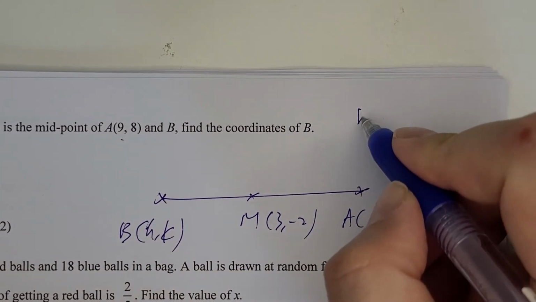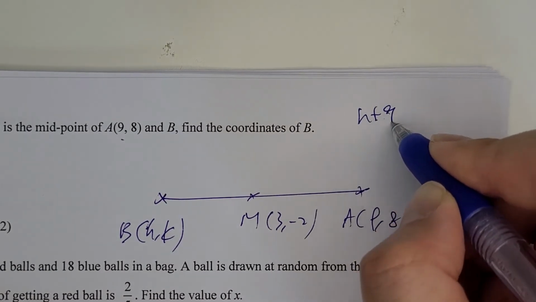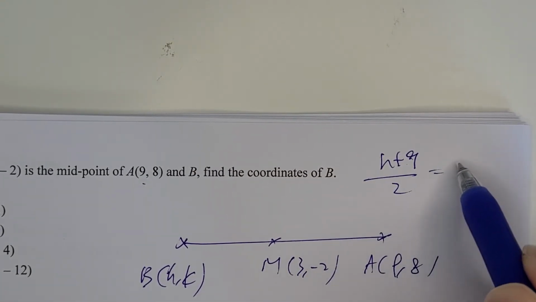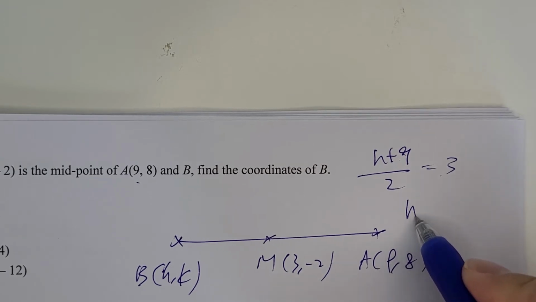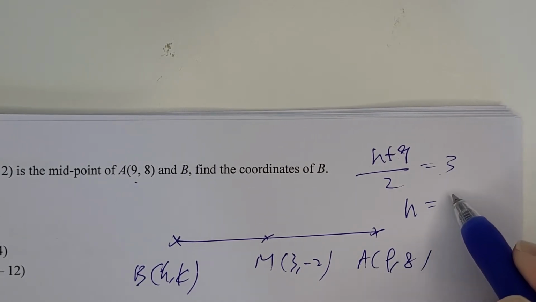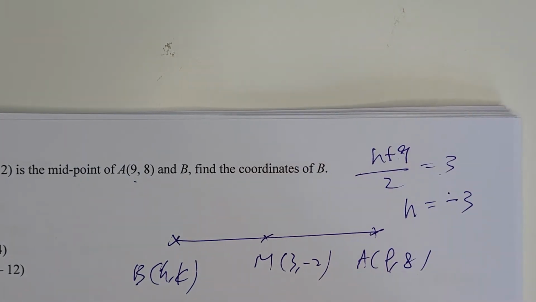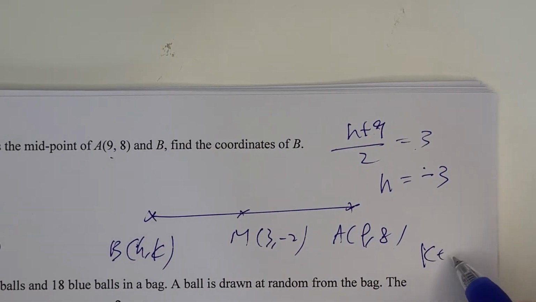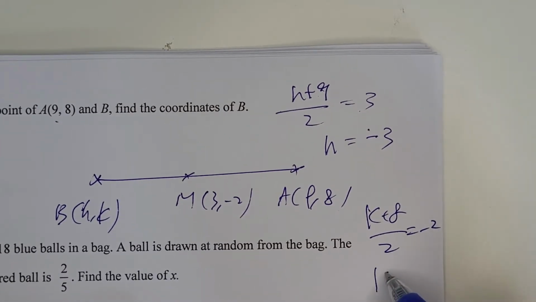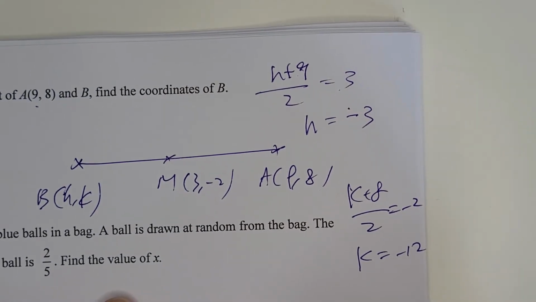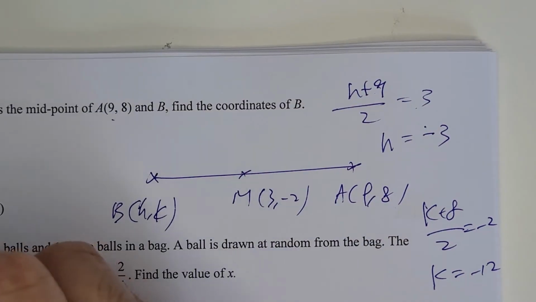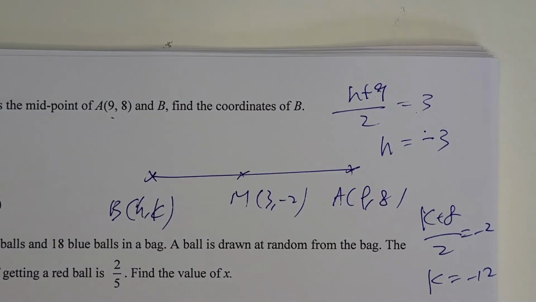So (H + 9)/2 equals 3, and hence H equals -3. Again, (K + 8)/2 equals -2, so K equals -12. So the answer is D, (-3, -12).